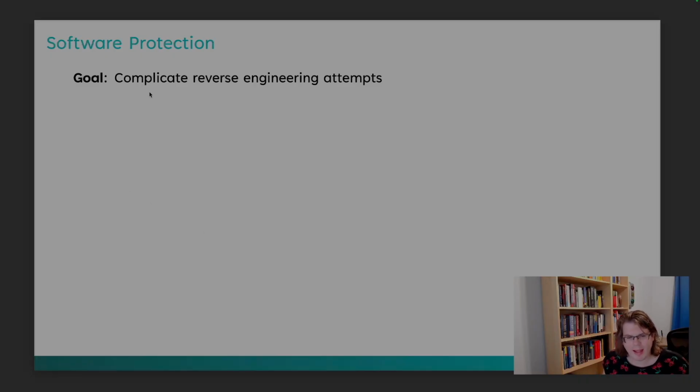Complicating means that we want to raise the bar so that attackers have to spend significantly more time on the same code. It's not impossible, because in reverse engineering there is nothing that cannot be reverse engineered.